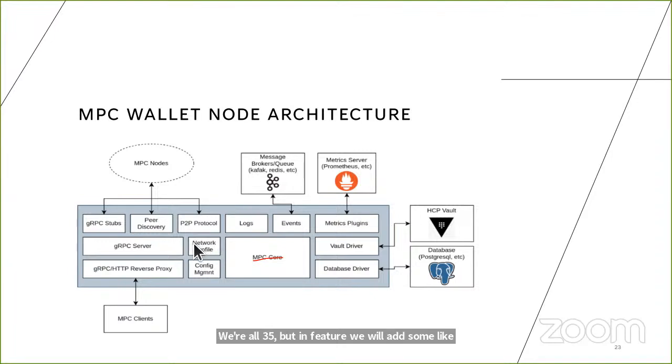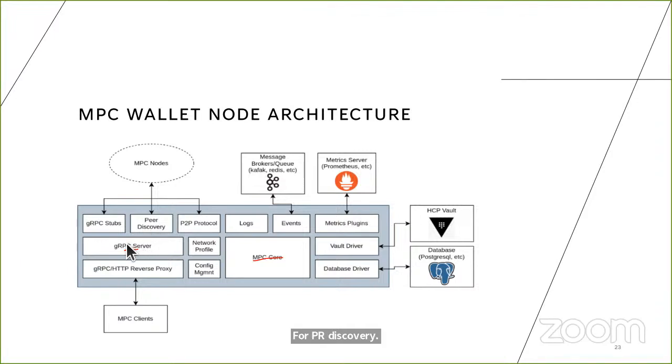And then network profile and config management are used by MPC core and other blocks in the system. This network profile is very similar to what we have in Hyperledger Fabric as connection profile. It is used by the gRPC server for peer discovery.